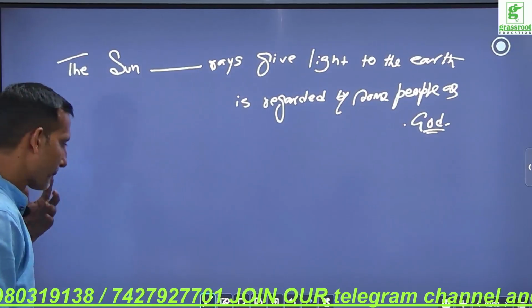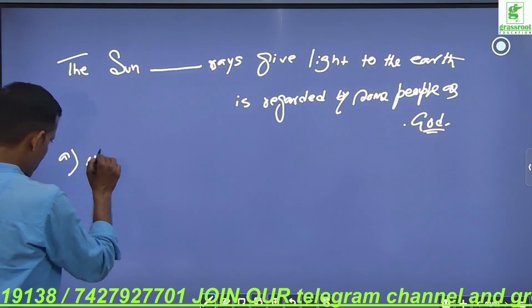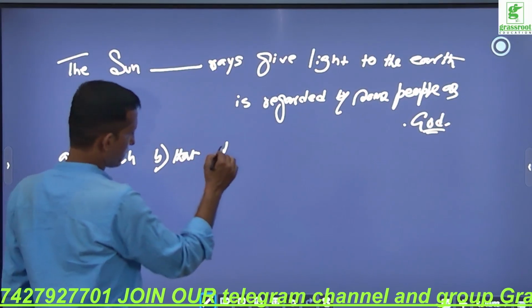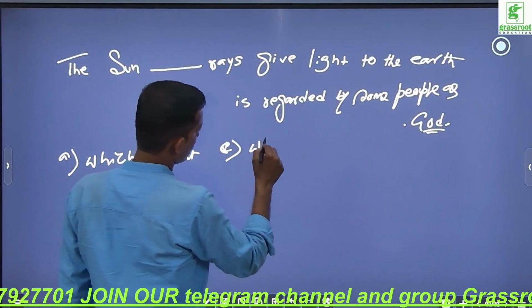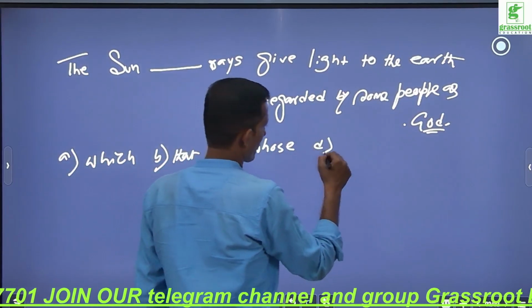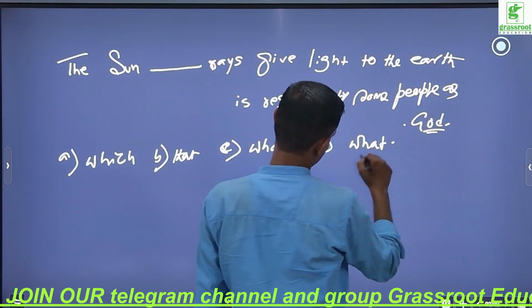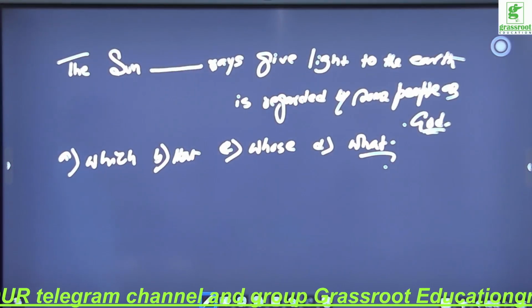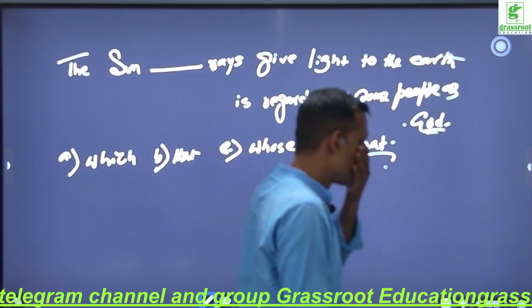The options were which, that, whose, what. What should be the correct option?